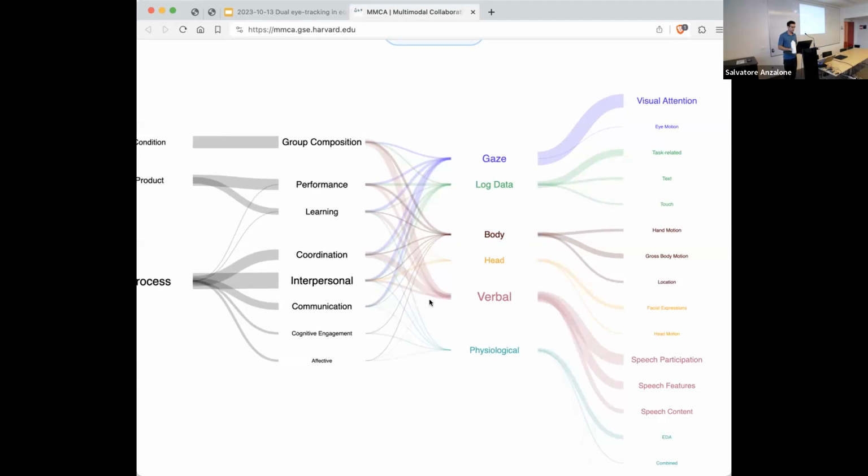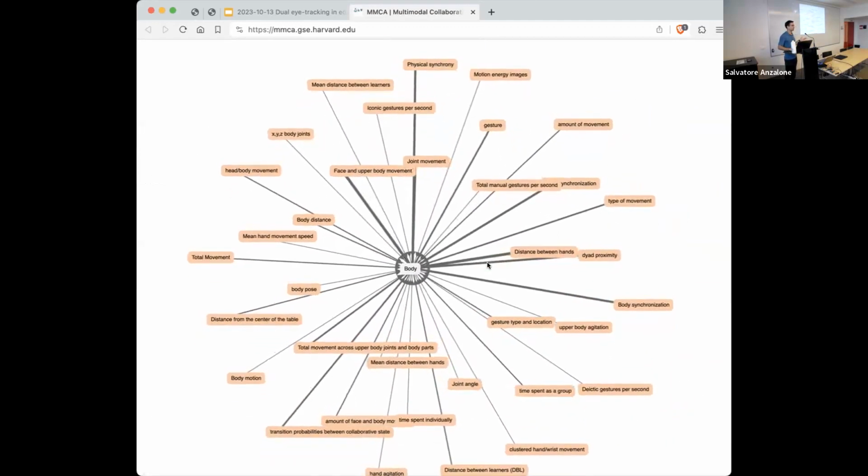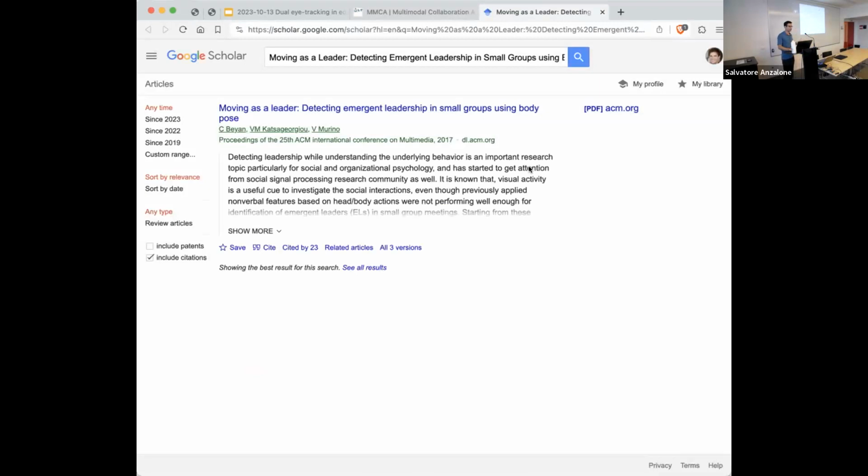What you can do is, for example, if you're interested in body data, you can click on this. It's going to show you all the different measures that people have used. And if you're interested in head-body movement, for example, you can click here, and that's going to open a Google Scholar page where you can have a look at the paper and see how they implemented that measure.